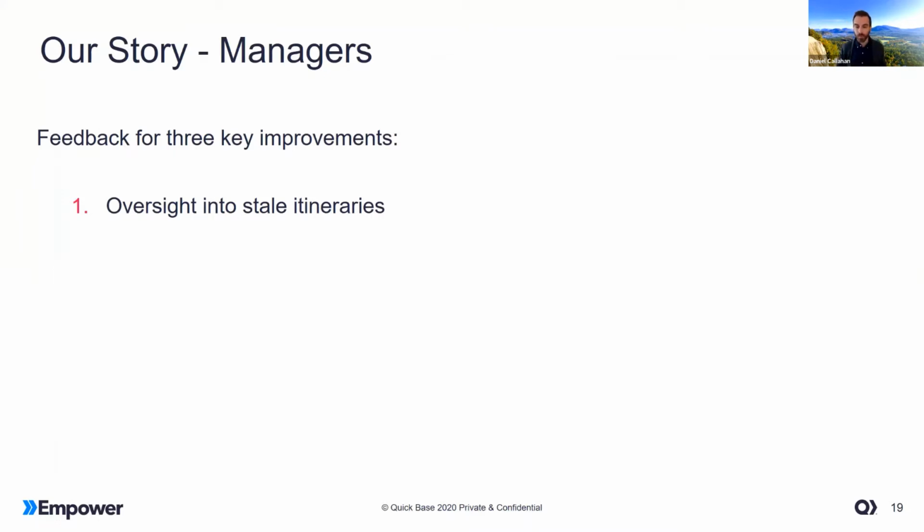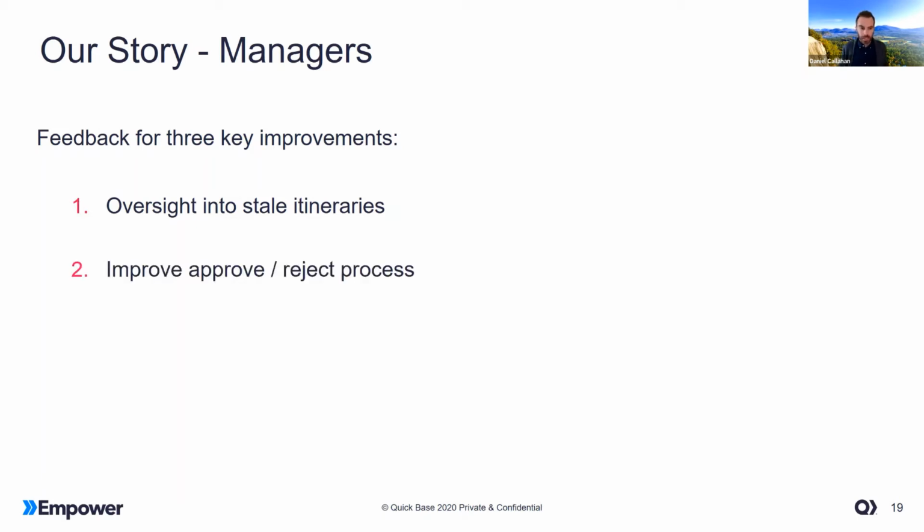It might be in progress and the agent's working on it. It might be waiting for customer and the customer hasn't replied, or maybe the managers themselves have dropped the ball and the status is actually waiting for manager approval or waiting for manager action, and they haven't taken any action on that. So they want some more oversight into those stale itineraries so that they can take action on those.